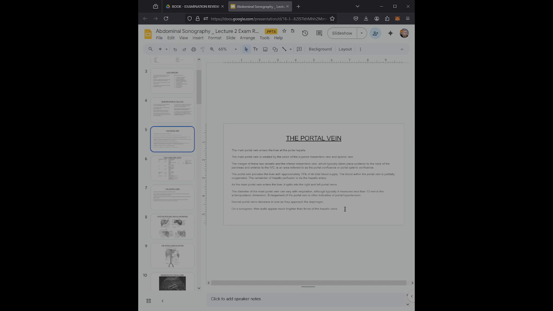That is to say, blood is flowing into the liver and is monophasic. It has one peak. We can have some variation noted with respiratory changes. And you should keep in mind that scanning after a meal will often demonstrate an increase in portal venous flow.